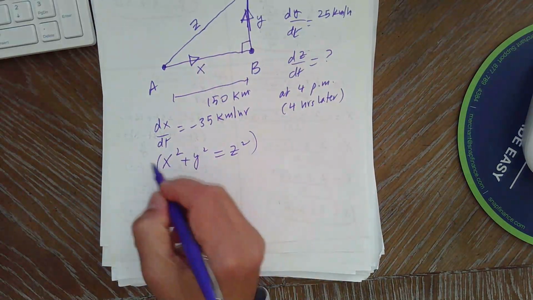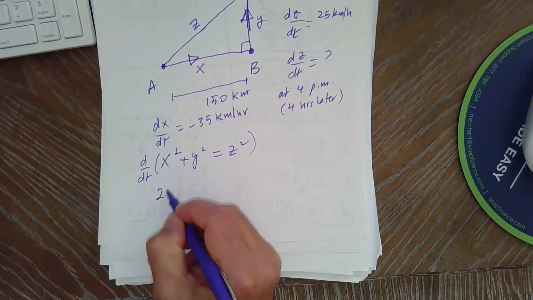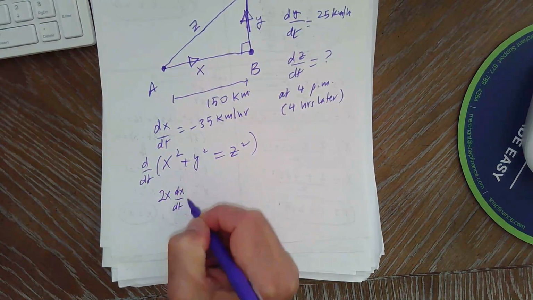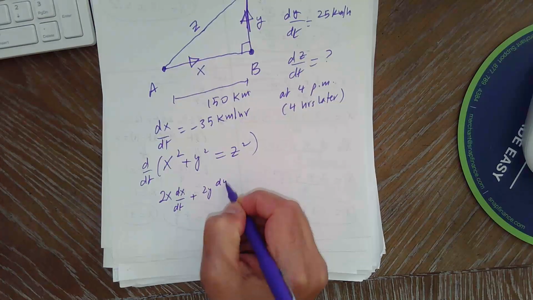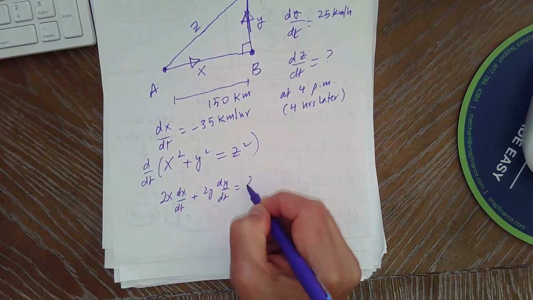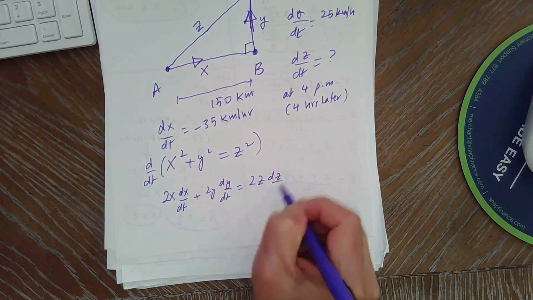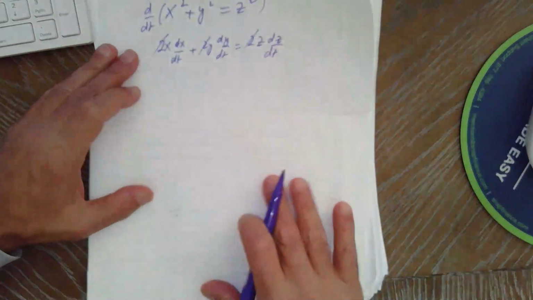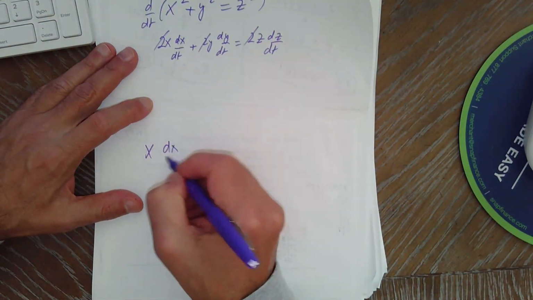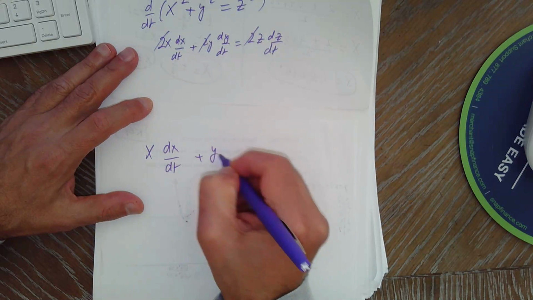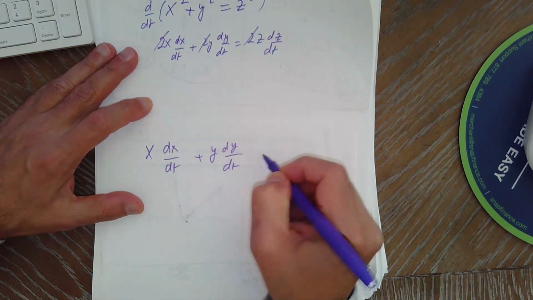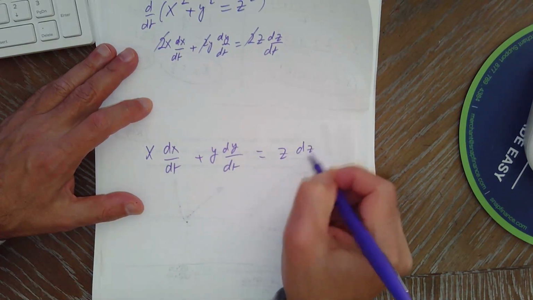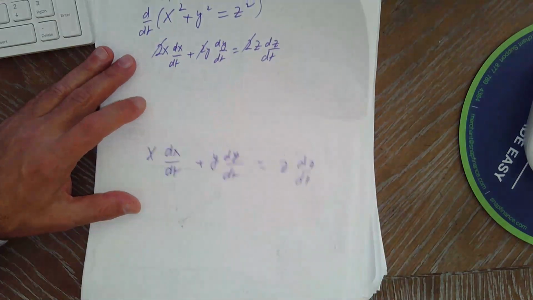So if we differentiate with respect to t, 2x dx by dt plus 2y dy by dt is 2z dz by dt. I can divide everything by 2. So I would get x dx by dt plus y dy by dt equals z dz by dt. Let's see what we're given.